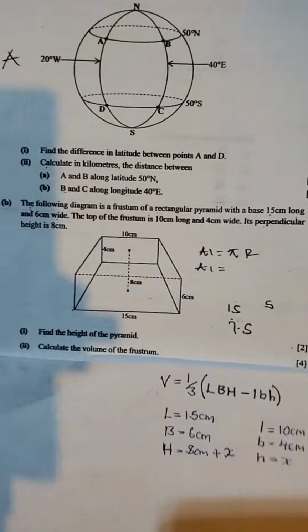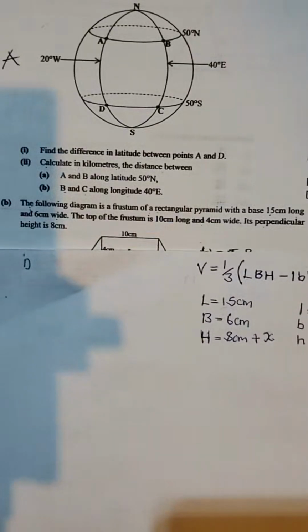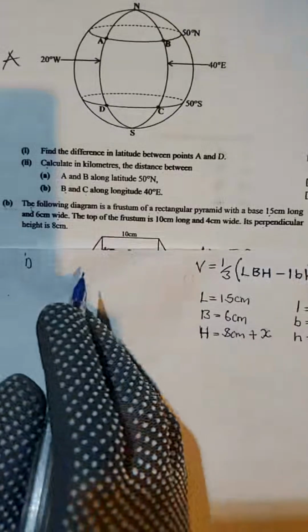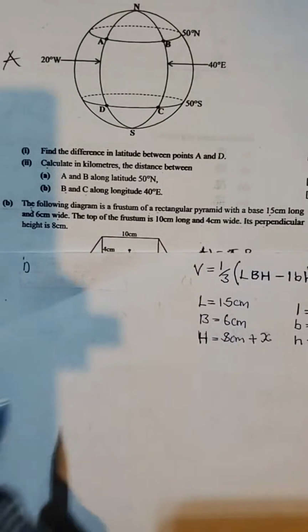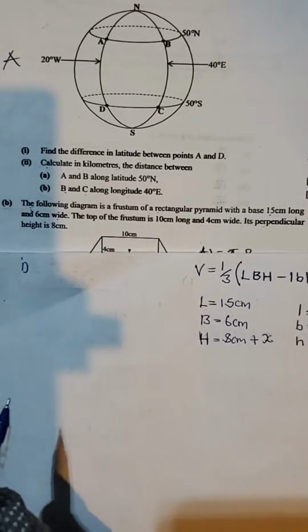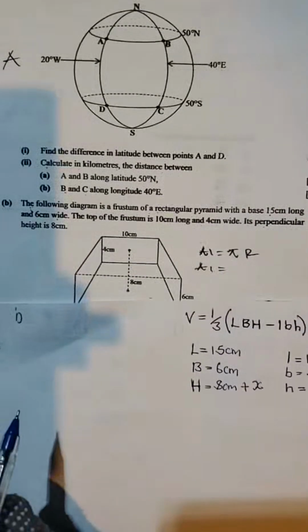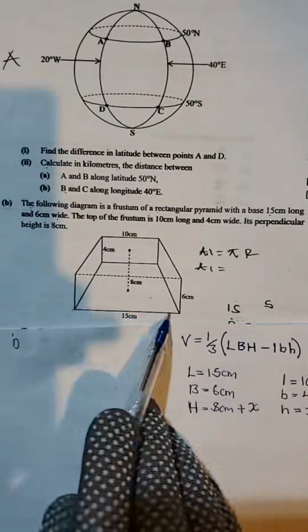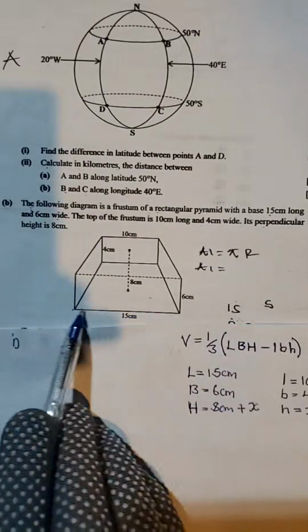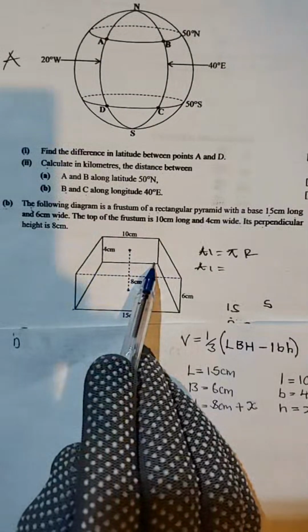How can we find the height of a pyramid? We are going to use proportions. Proportion number one, you can get any side. As long as you get this length here, get the corresponding length.